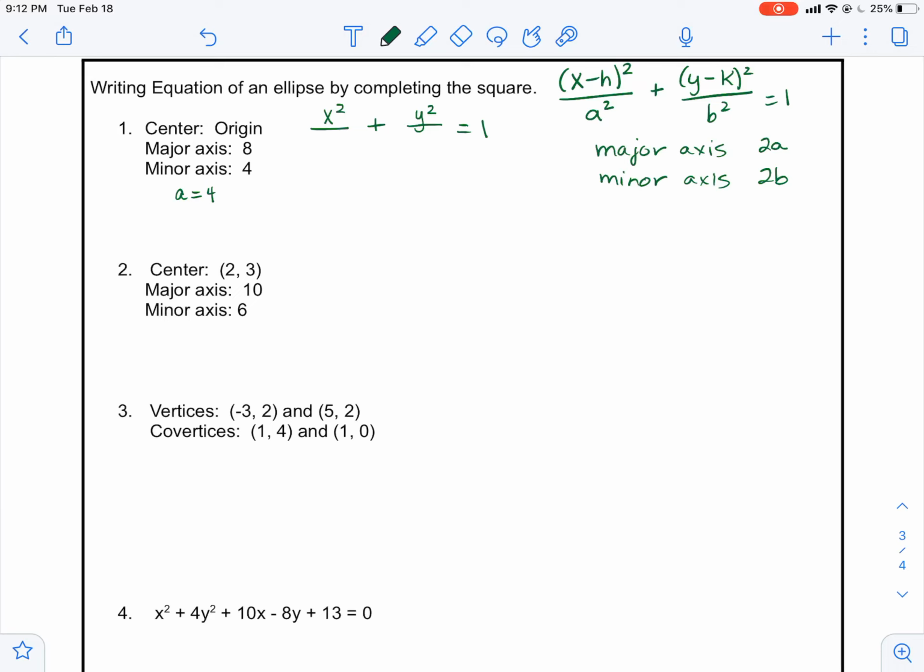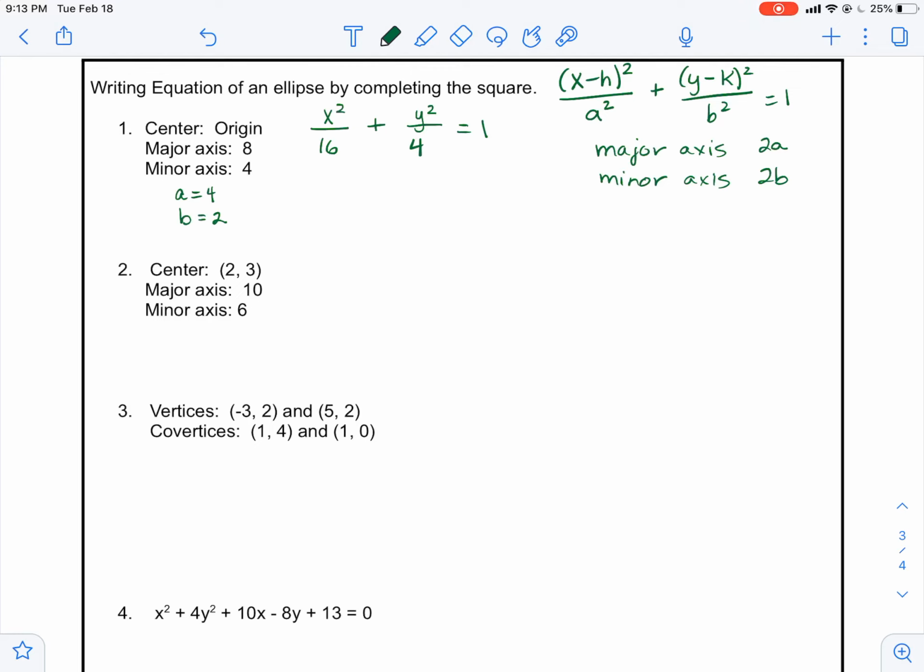But then underneath my x is my a squared, so this is going to be 16. And then my 2b is 4, and that means that b is 2, because 2 times 2 is 4. And my b squared would also be 4. And then I'm done. Okay, so don't make it overly difficult here.